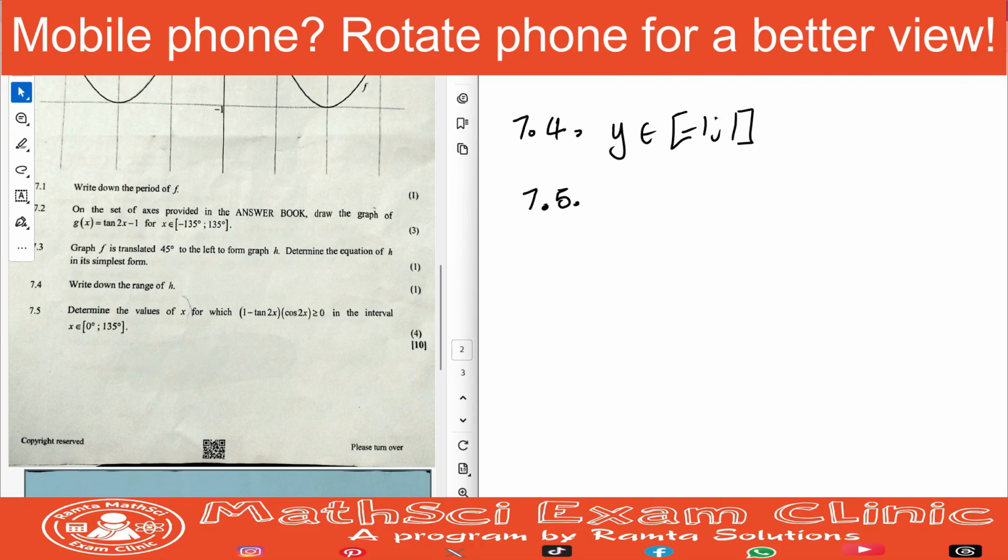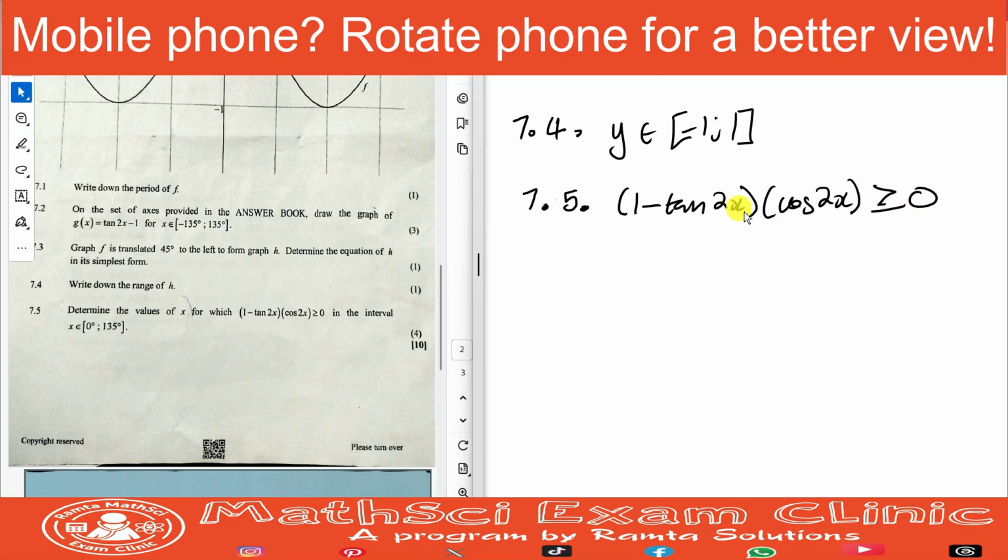Okay. So 7.5, let's go. 7.5, determine the value or values of x for which, open bracket, I want you to be careful with this one, 1 minus tan 2x, close bracket, open bracket, cos 2x, close bracket, is greater or equal to 0. You have never worked with 1 minus tan 2x.